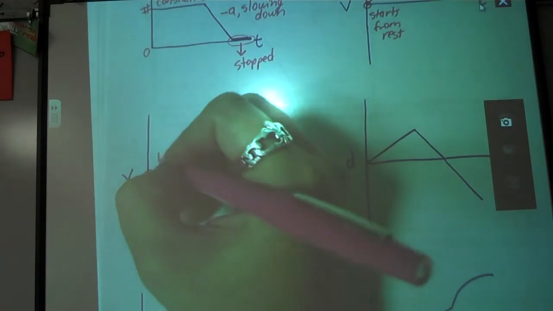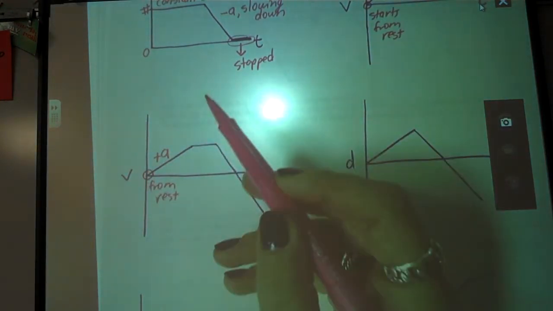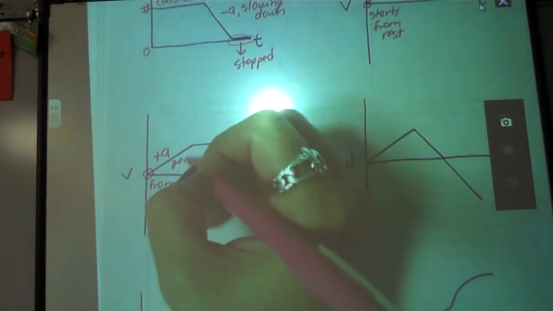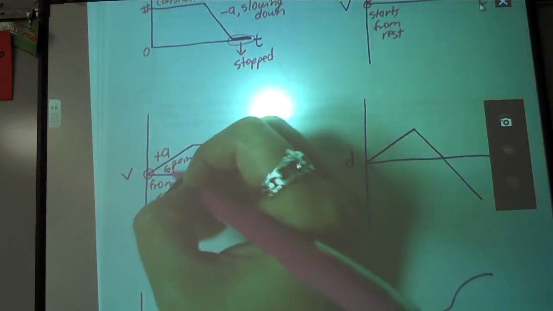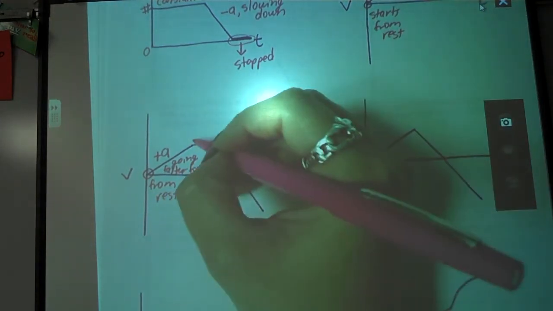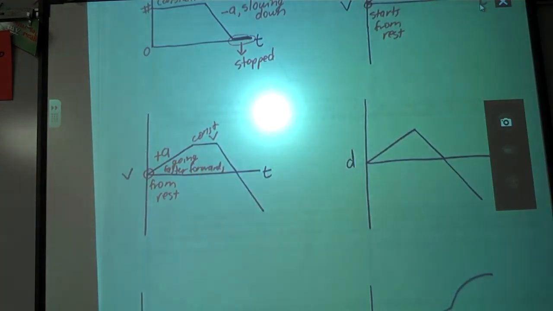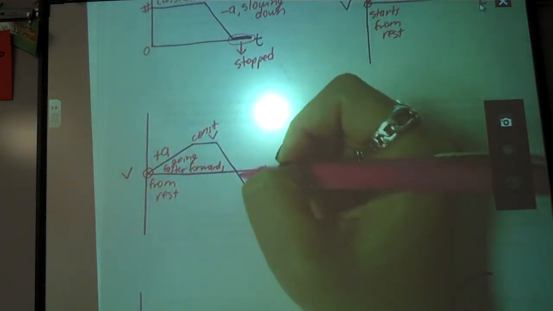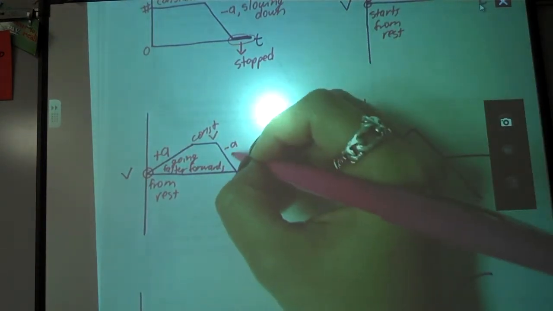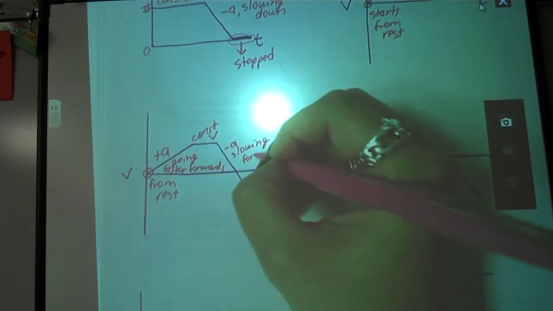My object is accelerating, positive slope, positive side of the graph, so we are going faster forwards. I hit my coasting speed, so this is constant velocity, and then I start to slow down. So this is a negative acceleration. We are slowing down, but again, we are still going in the forwards, the positive direction.